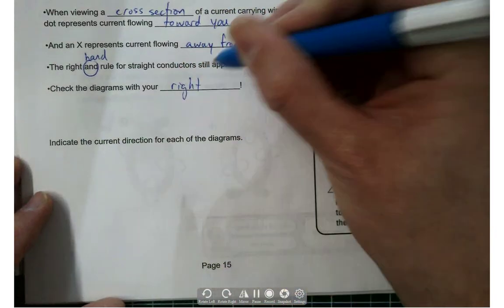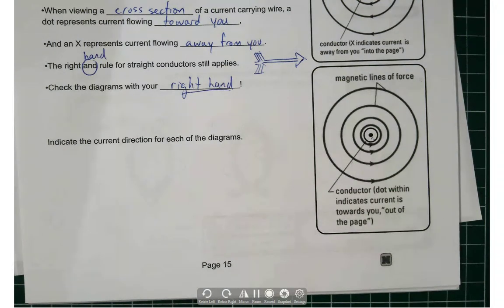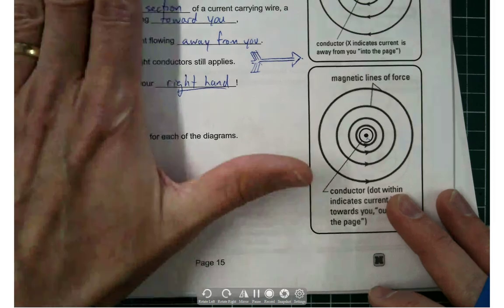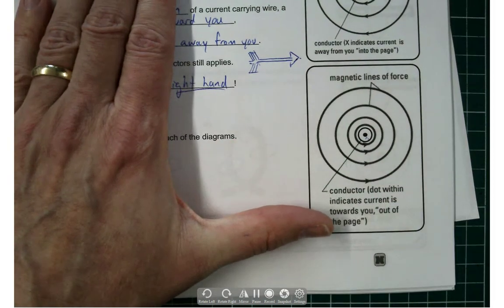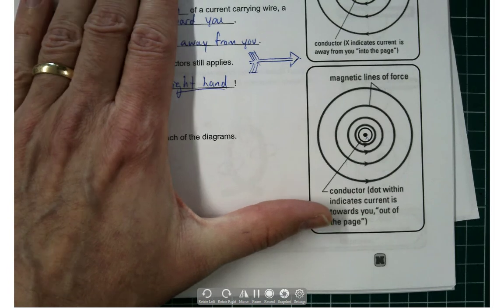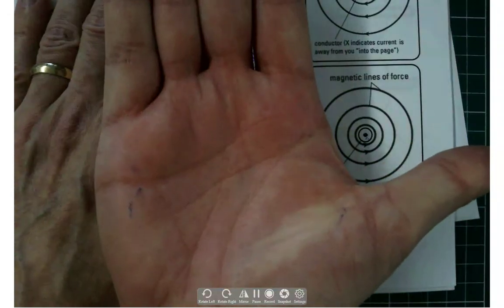Now, the reason I'm actually filling in a blank that's right hand is because it has to be your right hand. Can't be your left hand. And so if you're somebody who gets your right hand and your left hand mixed up, this really matters. If you get really stuck, face your palm away from you. Your left hand makes an L. Okay? Don't get mixed up there, because if your palm's towards you, it'll also be an L when your right hand is present.